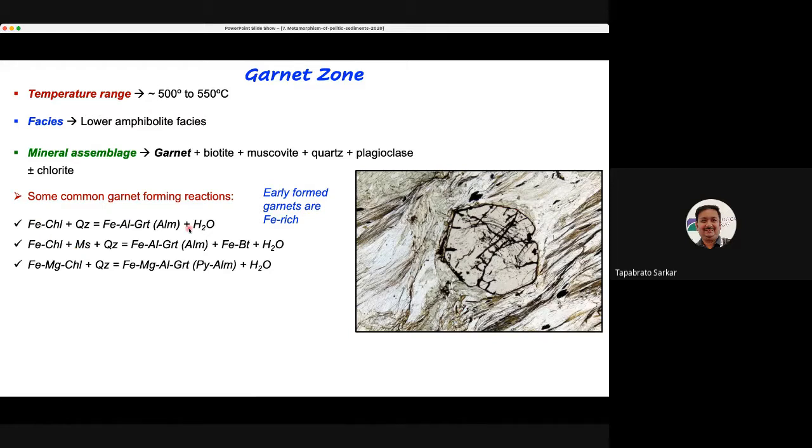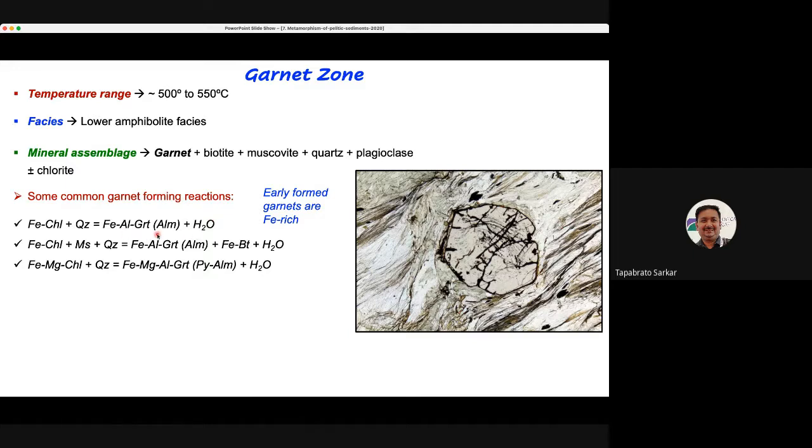What is also more interesting to note is that chlorite is the reactant, which means that all the chlorite which is present is drastically reduced at the beginning of the garnet zone, which is the lower amphibolite facies, to form garnet. So when garnet appears, chlorite is practically gone, and water is on the product side, which means that chlorite is a hydrous mineral where there is water, and water is released.